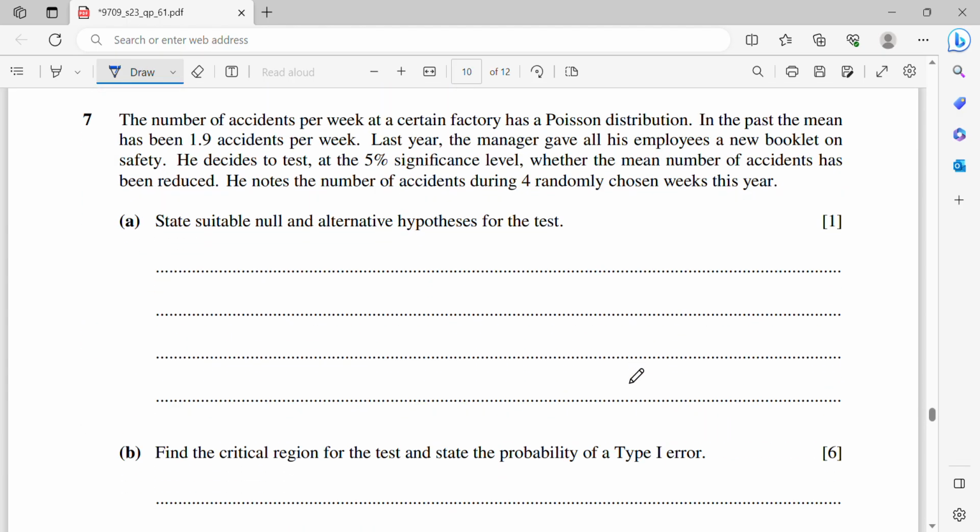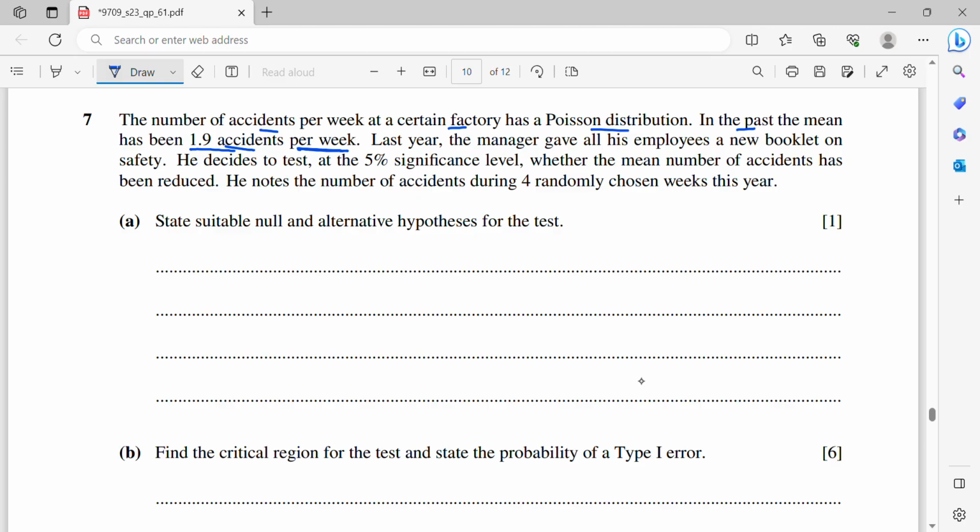Okay, now question 7. The number of accidents per week at a certain factory has a Poisson distribution. In the past, the mean has been 1.9 accidents per week. Last year, the manager gave all his employees a new booklet on safety.